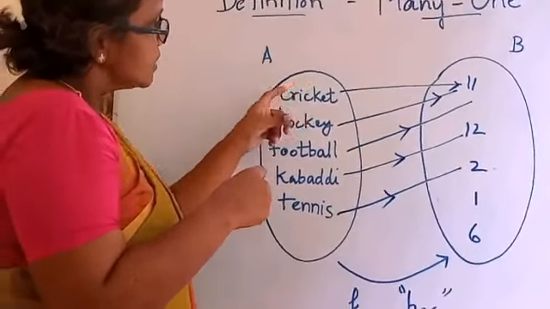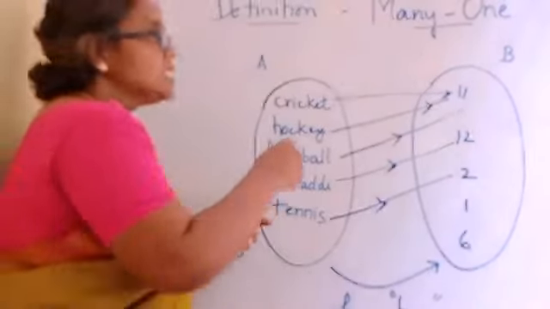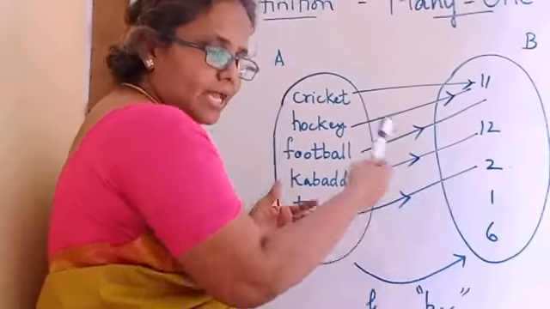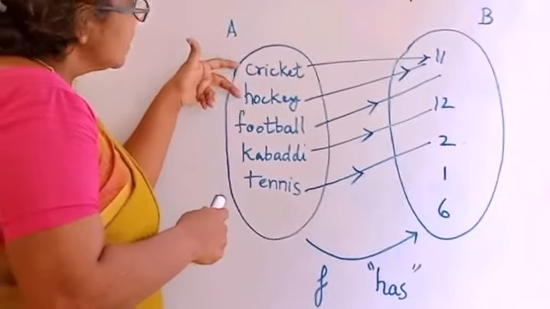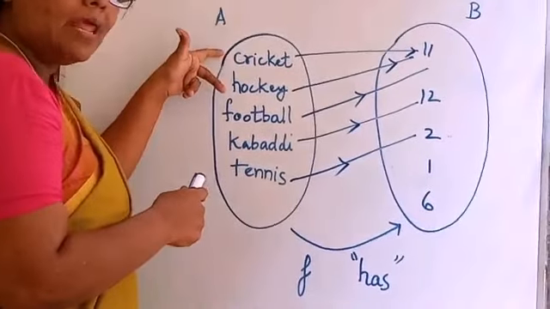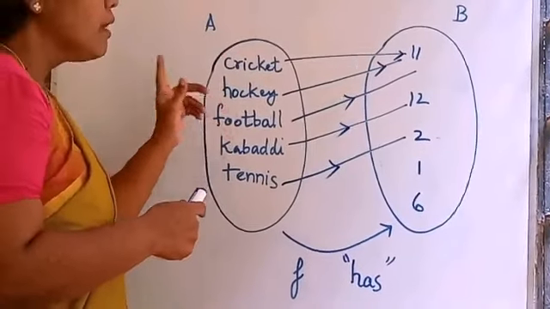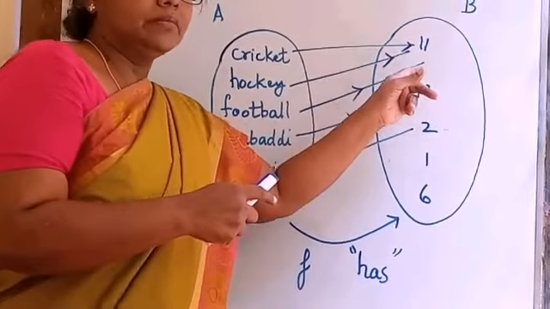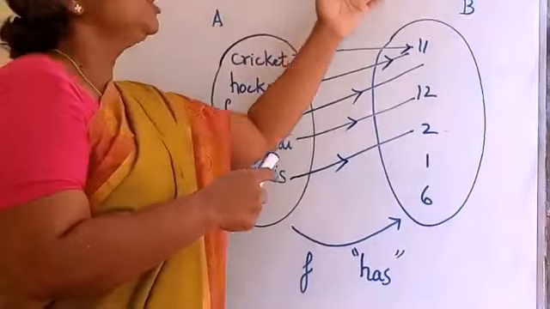Every element in the domain has a unique element in the codomain, and that is why it is a function. Still more, two or more elements in the domain have the same image in the codomain, and that is why we call this function a many-to-one function.